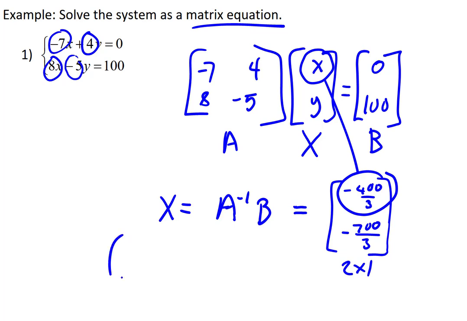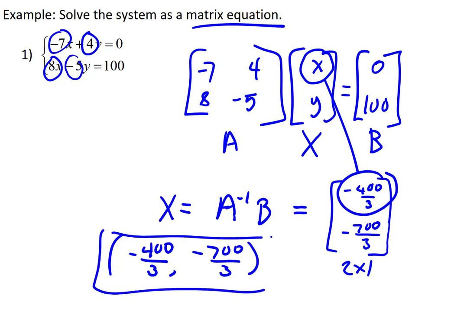So that means our x value is -400/3 for our solution. Of course, the second value is the y value, so -700/3 would be the y value to the solution of this system. And that's, again, solving a system that started just as a regular old linear system of equations, and we solved it using a matrix equation.